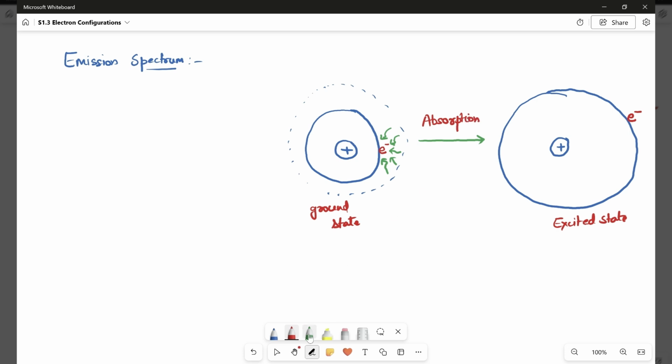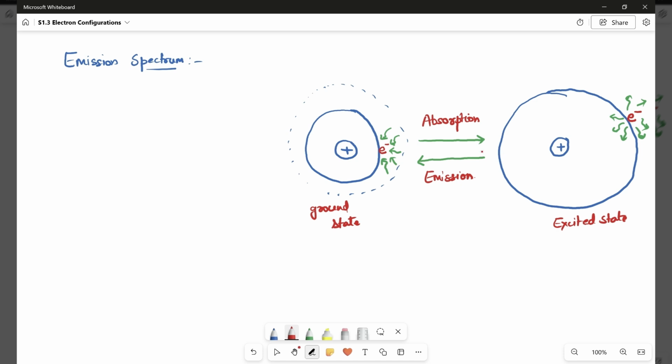And when the electron has to come back to the original state, what will happen? Whatever energy it has gained, it has to release. When it is releasing, the electron is finally coming back to the original state, and we call that the emission spectrum.